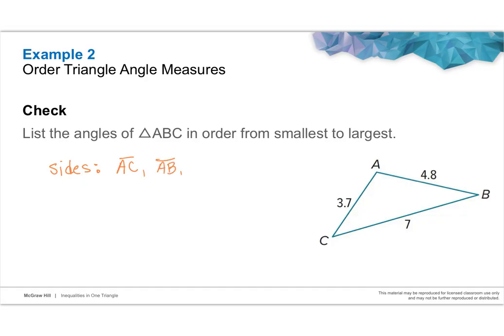And longest side is 7, and that's side BC. So again, as far as the angles order, we will go ahead and use the unused letter out of the triangle name. So that's angle B, angle C, and angle A that are opposite each one of those sides.